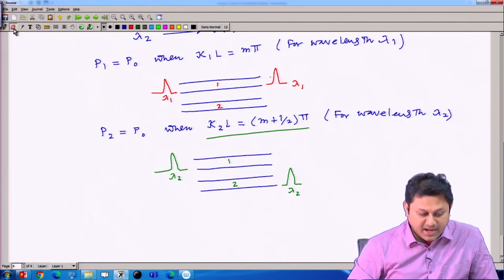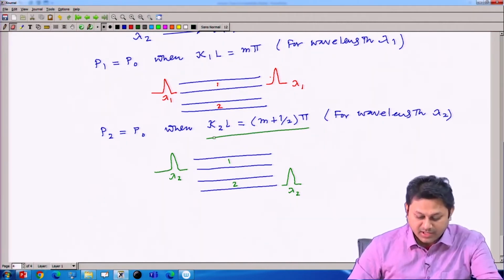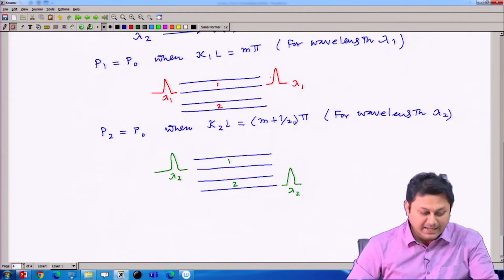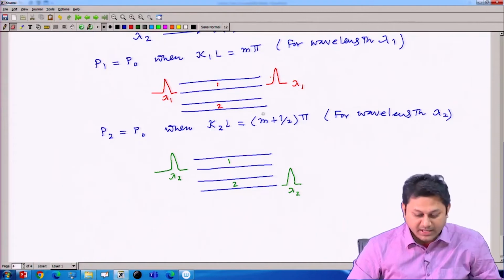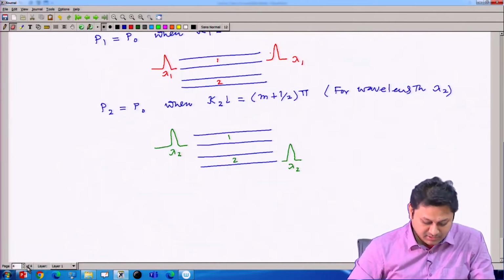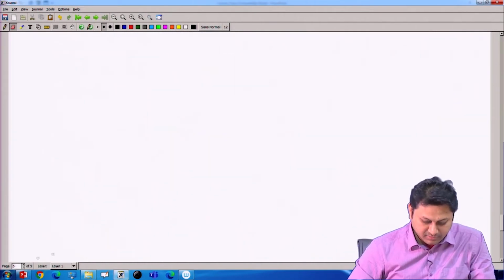With this idea, we can find the length at which both conditions are satisfied simultaneously. What is the condition? Let me write it here.